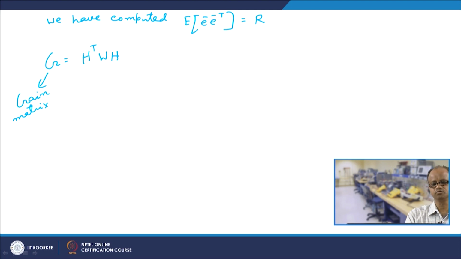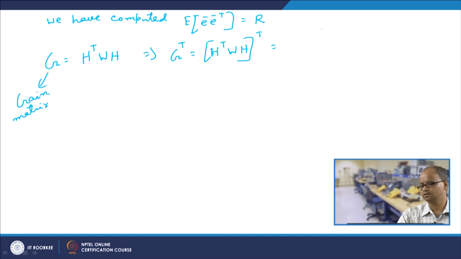The H matrix we have already seen, and please note that this particular W matrix is nothing but a diagonal matrix. Now, if I take G transpose, what I get is H transpose W H whole transpose.